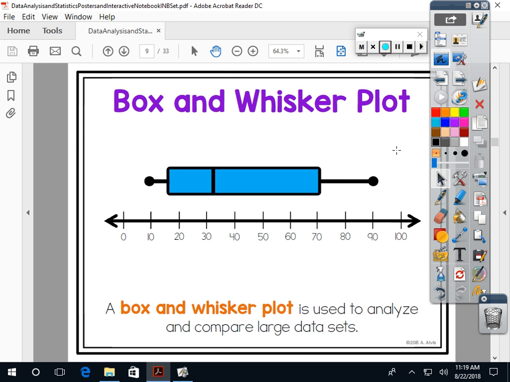A box and whisker plot is used to analyze and compare large sets of data.